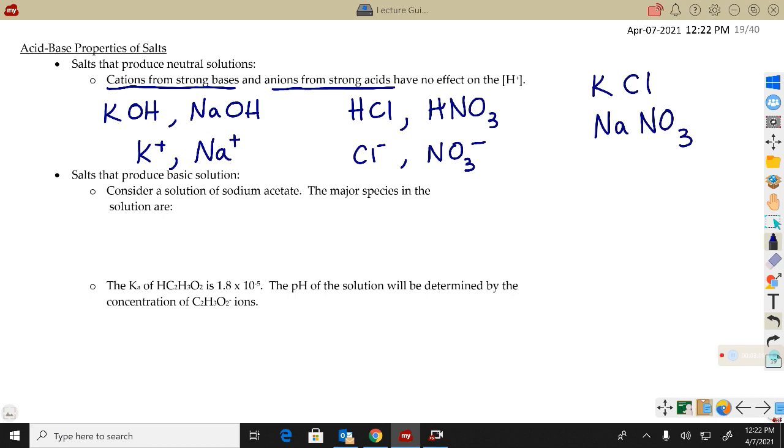There's no hydrogen anywhere. The second question we ask is, are there any ions that could react with hydrogen and that could remove hydrogen from the solution? That would be the sign of a base. A base is a particle that accepts hydrogen. It can remove hydrogen from the solution.